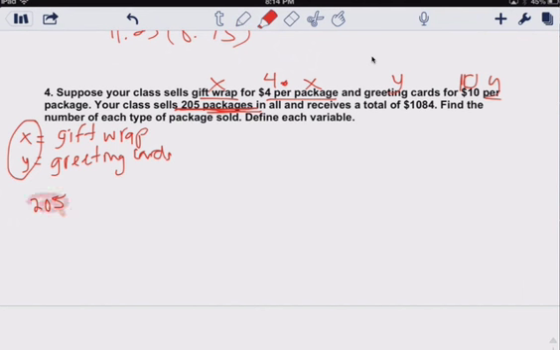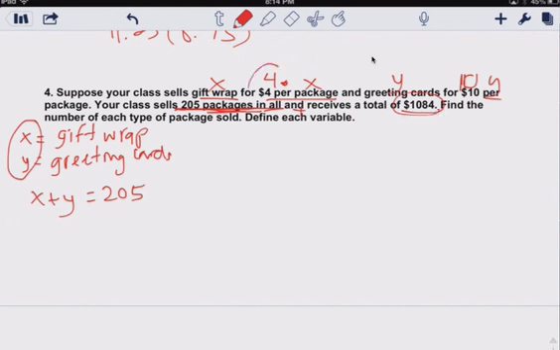So you make X plus Y equals 205. Okay? In all, and receive a total of this much money.